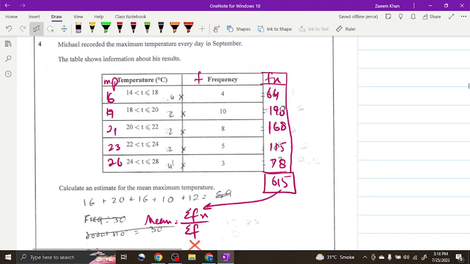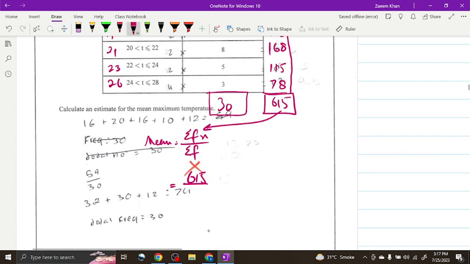Why would it be 30? Because you add all the frequencies together. This comes out to be 30. We divide these two values, and we get 20.5. 20.5 should be your maximum mean temperature.